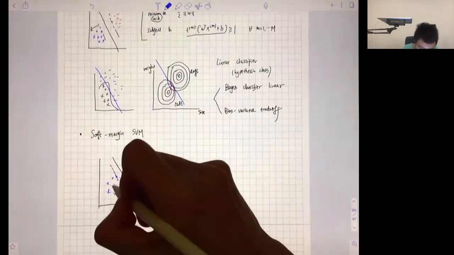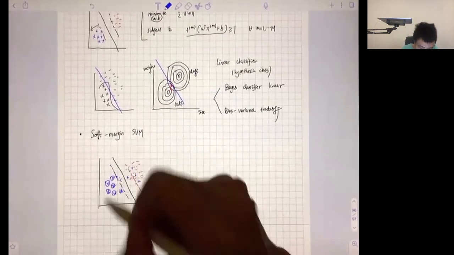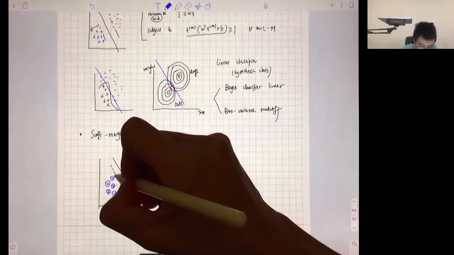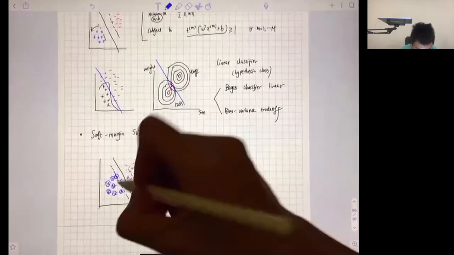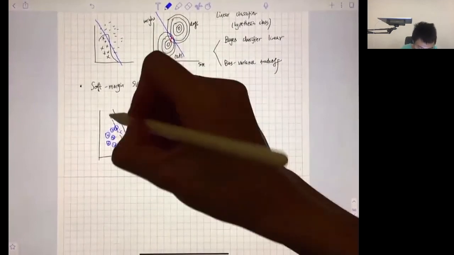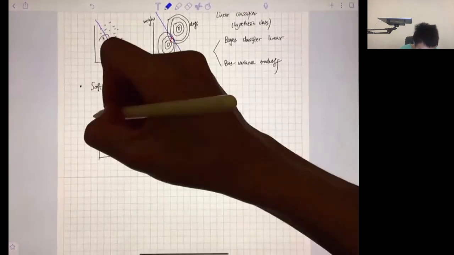If these samples are located on the correct side of the margin, then you are fine. If you are on the margin, it's also fine. But if you intrude the margin or you go to the opposite side of the decision boundary, you're going to have a penalty, proportional to how much you intrude the margin. Suppose this is my penalty axis.